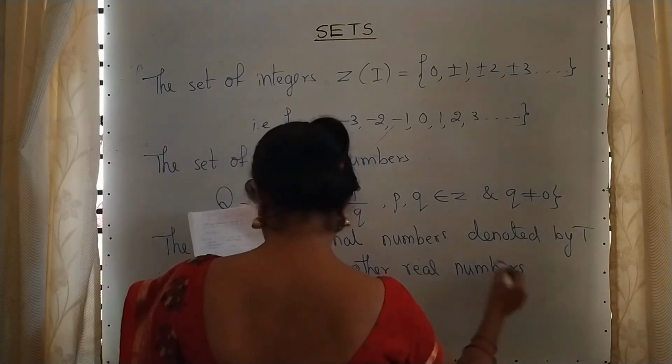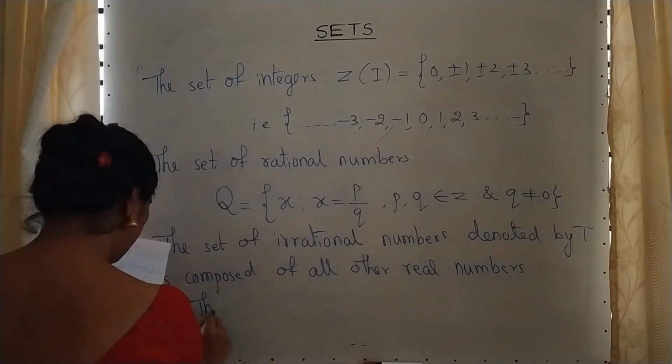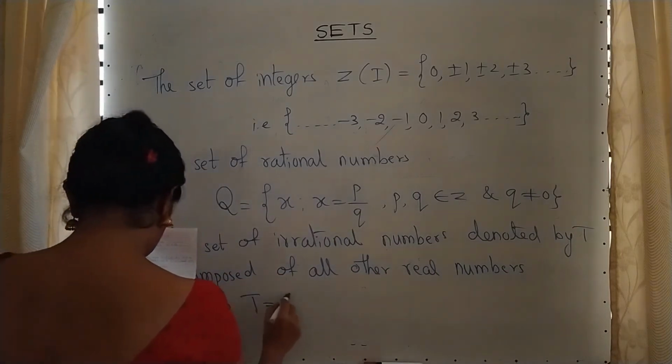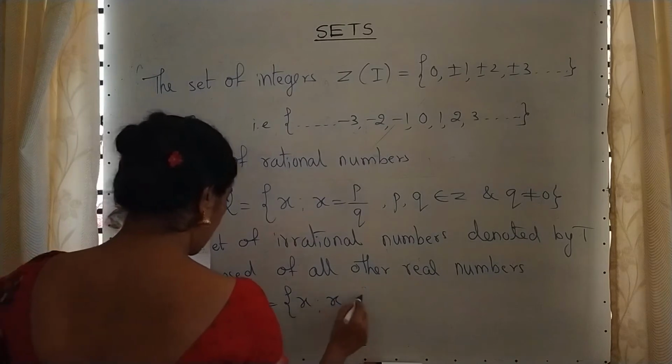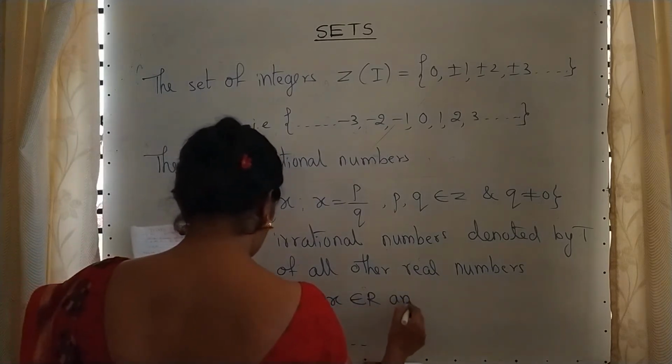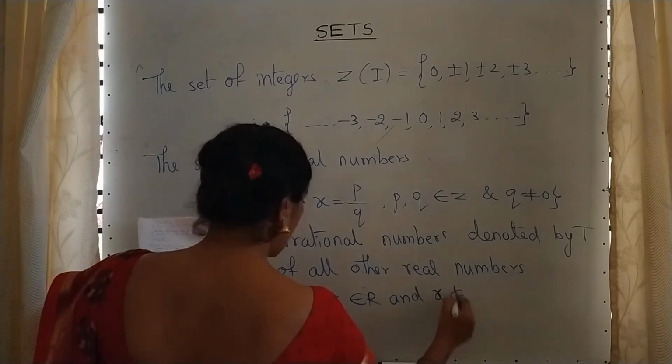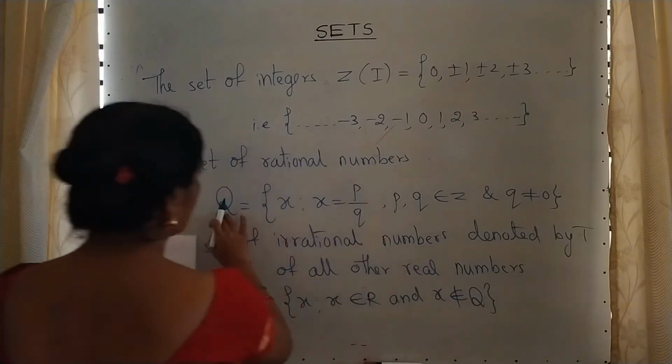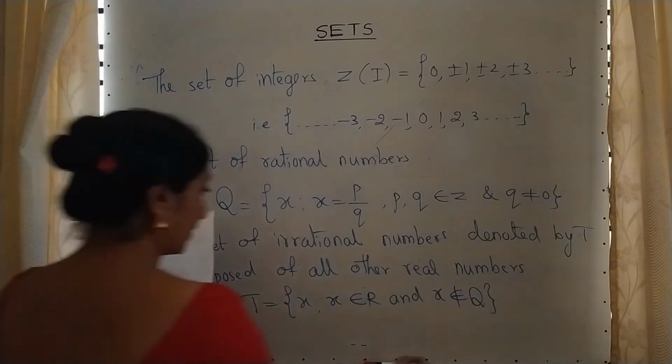Thus, T is equal to {x such that x belongs to R and x does not belong to Q}. Q means the set of rational numbers, already we are familiar.